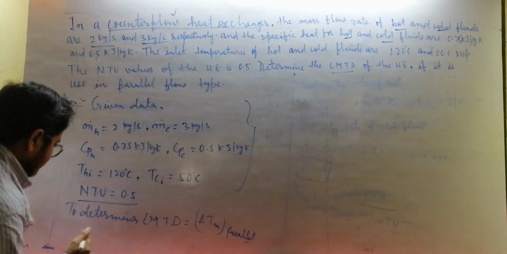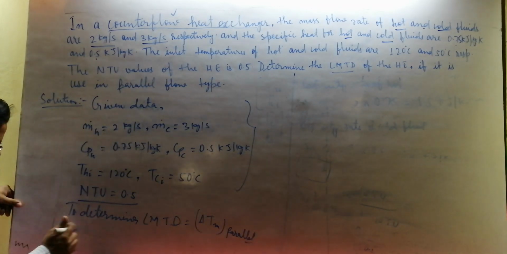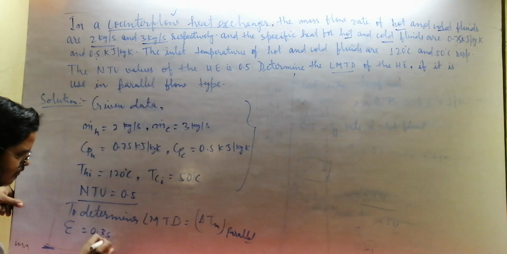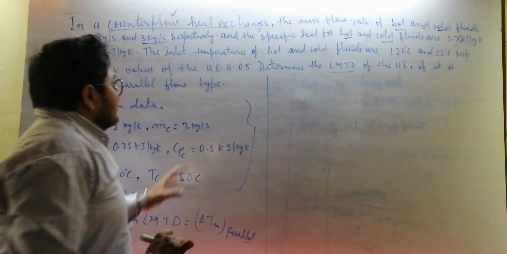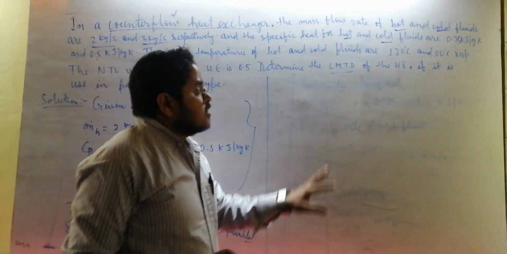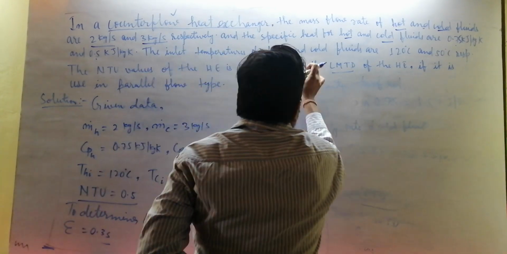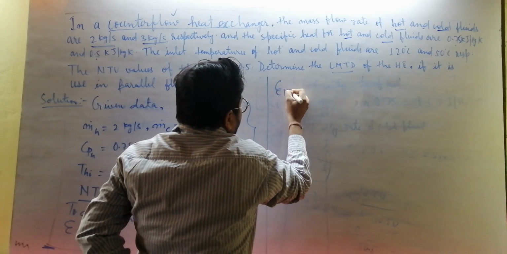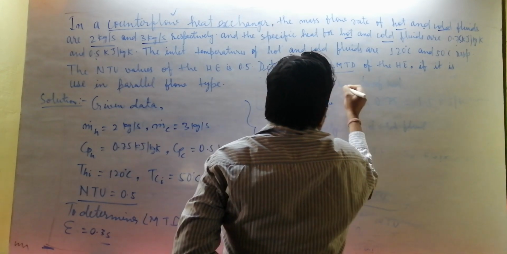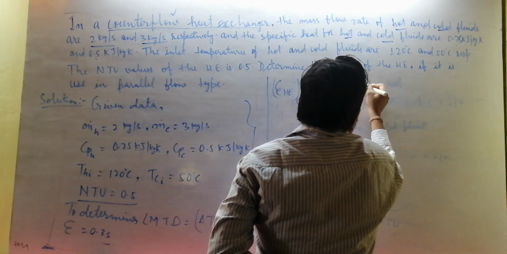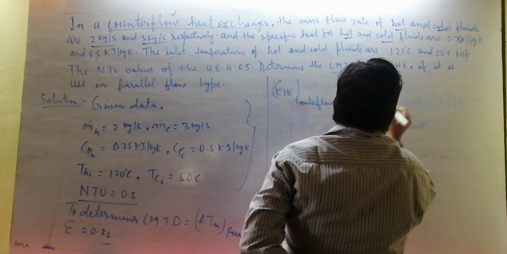The effectiveness I got was 0.33. Now I am finding the other two values. Since C equals 1, I can apply any effectiveness formula. So effectiveness of counterflow equals Tce minus Tci divided by Thi minus Tci.